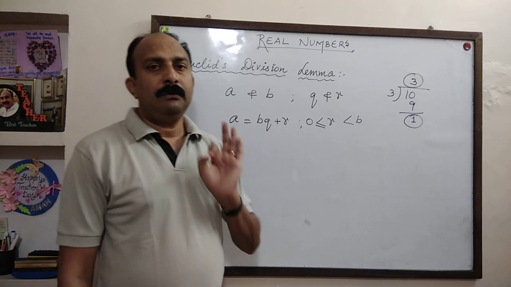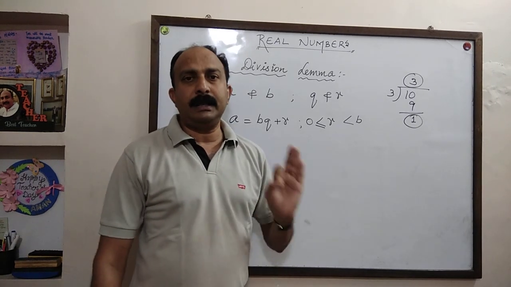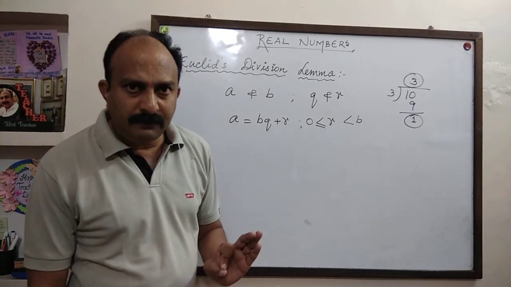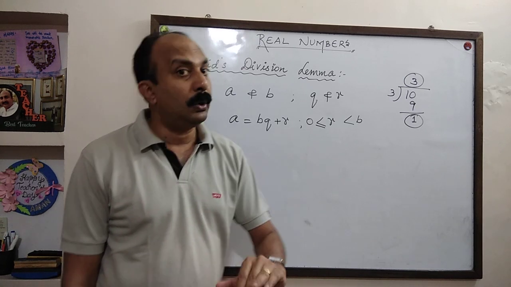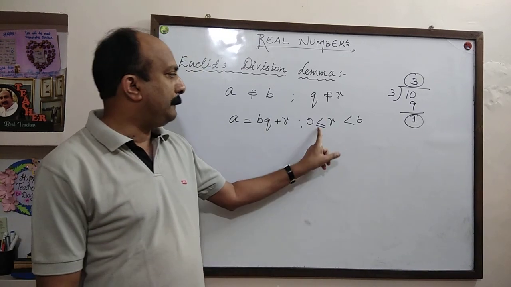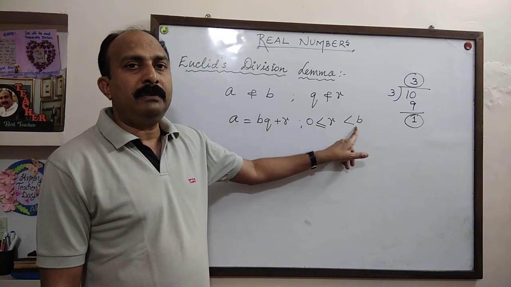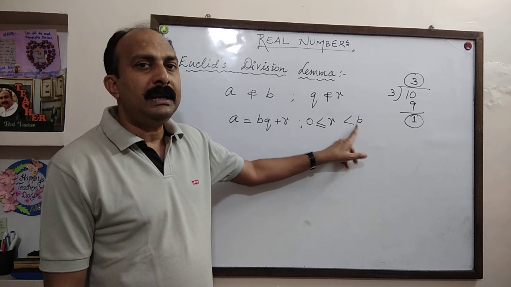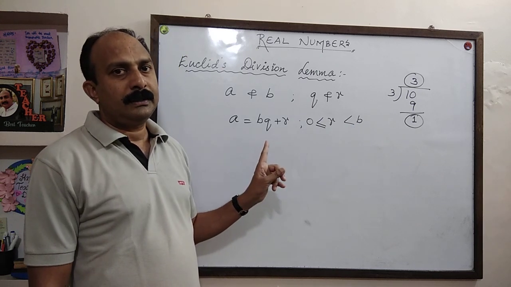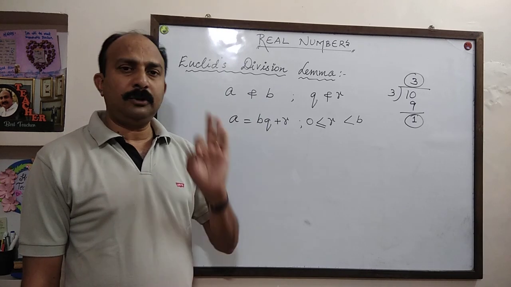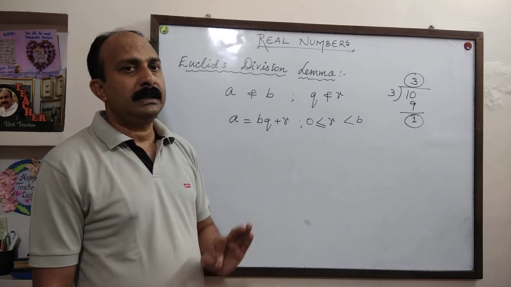We know that whenever an integer is divided by another integer, the remainder will be either 0 or more than 0. But it will always be less than b. What is b? Divisor.